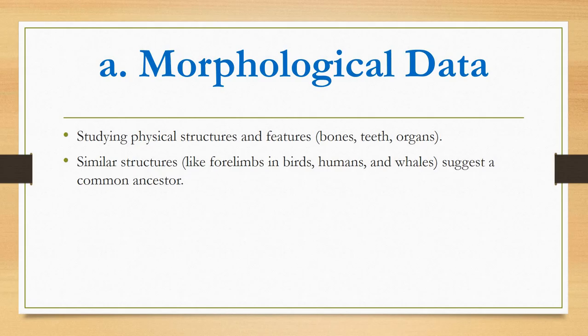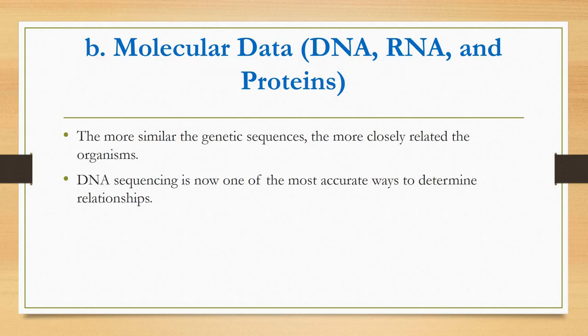Similar structures like forelimbs in birds, humans, and whales suggest a common ancestor. Molecular data: DNA, RNA, and protein. The more similar the genetic sequence, the more closely related the organisms. DNA sequencing is now one of the most accurate ways to determine relationships.